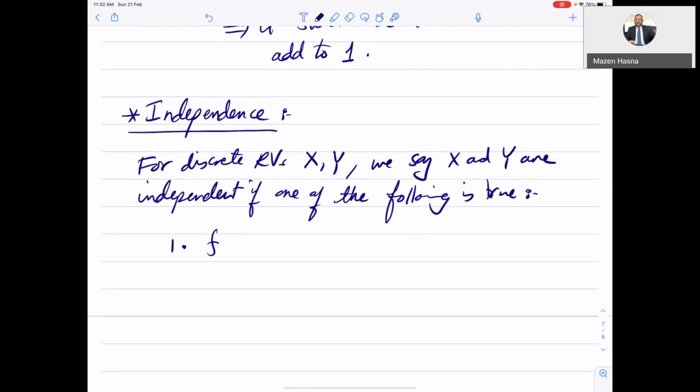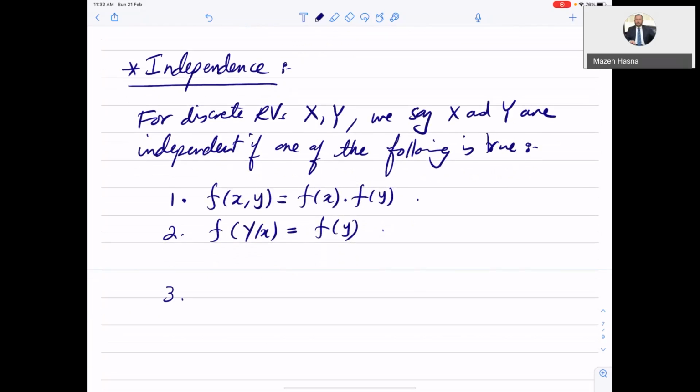Condition 1 is that the joint is just the product of the marginals, f of x times f of y. Like, if you recall, we had before, probability of the intersection is just the product of the probabilities, or f of y given x equals f of y, or f of x given y is f of x.